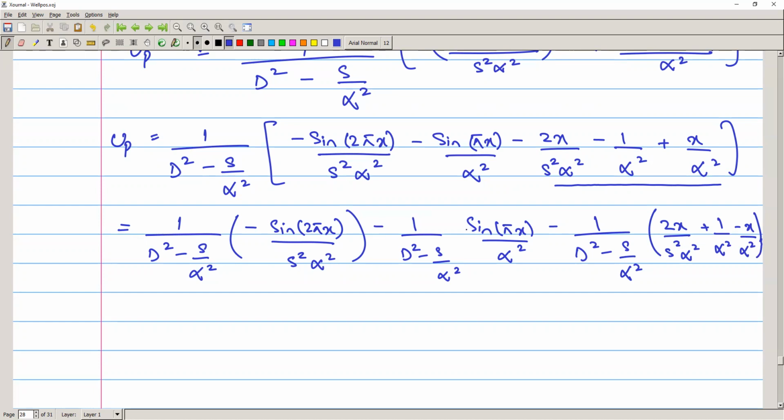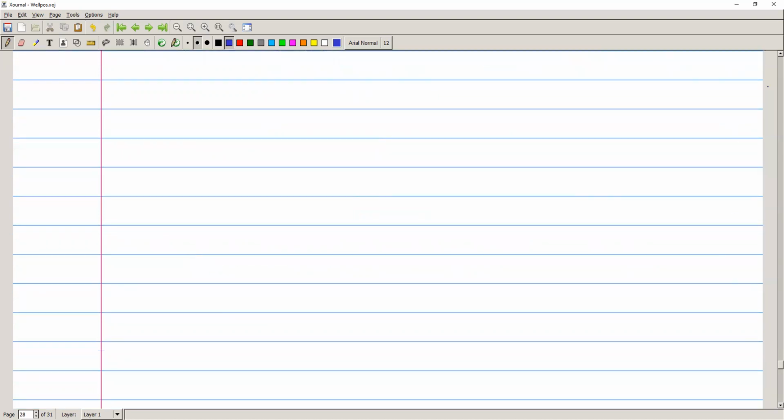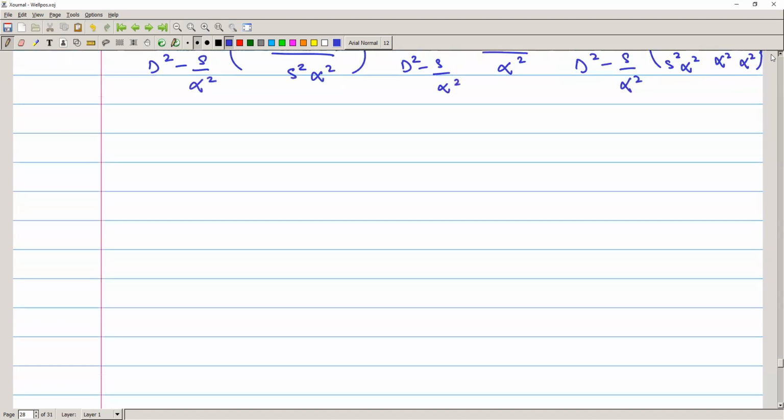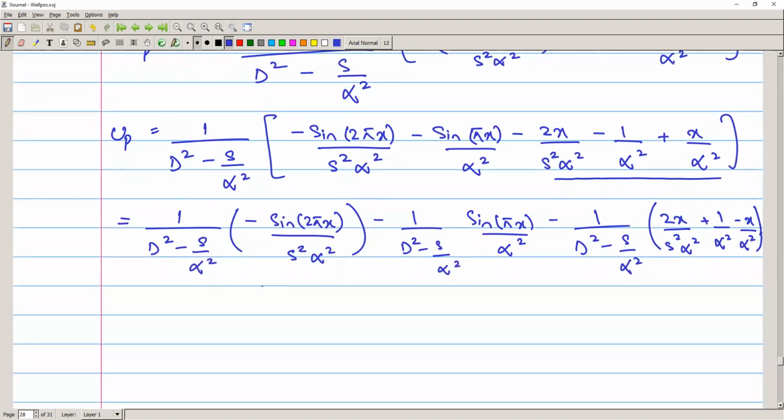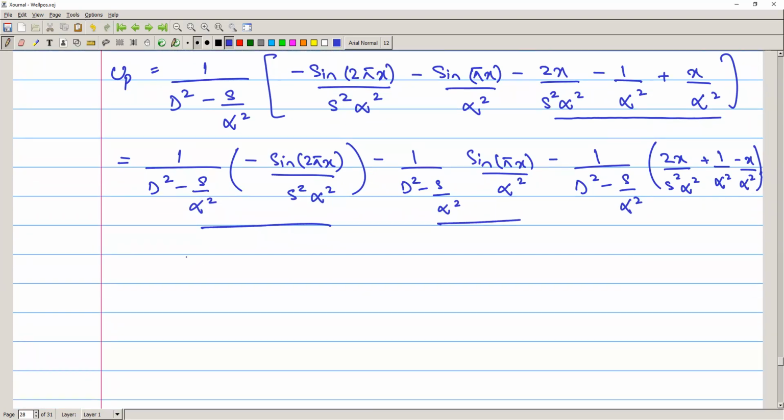Now we can solve these two directly. Here what we need to do is put the angle with negative sign in place of D squared.